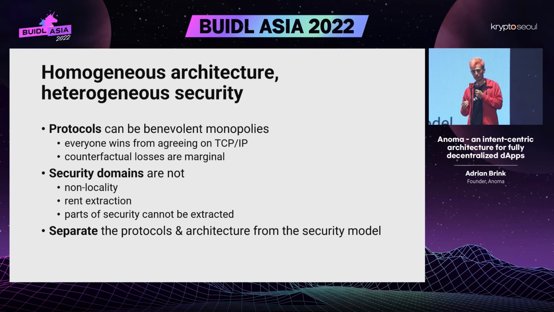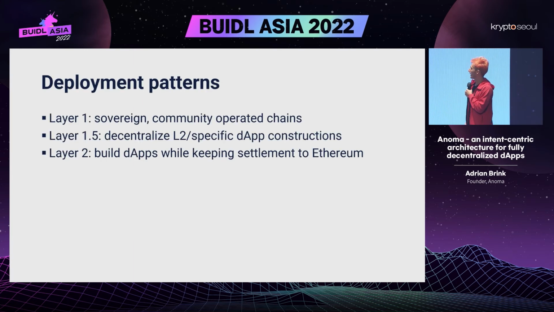But maybe someone else that lives in a village of 200 people that they've lived with for 200 years wants to hold all their assets in a security domain that's controlled by the people in their community. And that's also fine. We should just make sure that all these different security domains are interoperable. So if you have the same architecture but heterogeneous security, your phone can roam between different security domains without losing the benefit of having a homogeneous protocol. Right, and this leads to separating protocol and architecture from the security model.